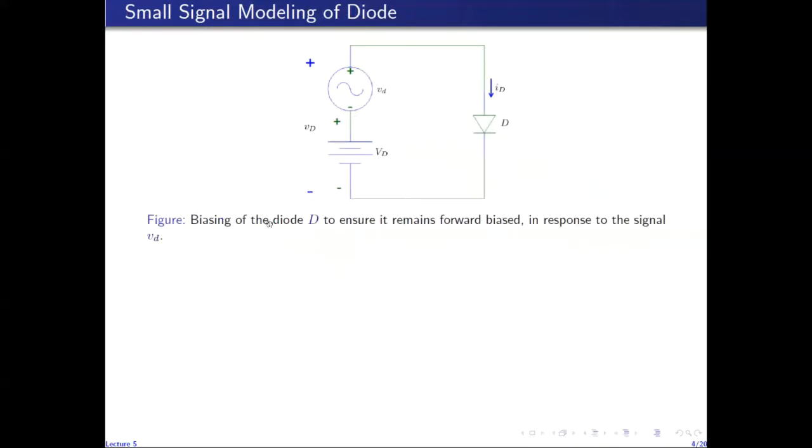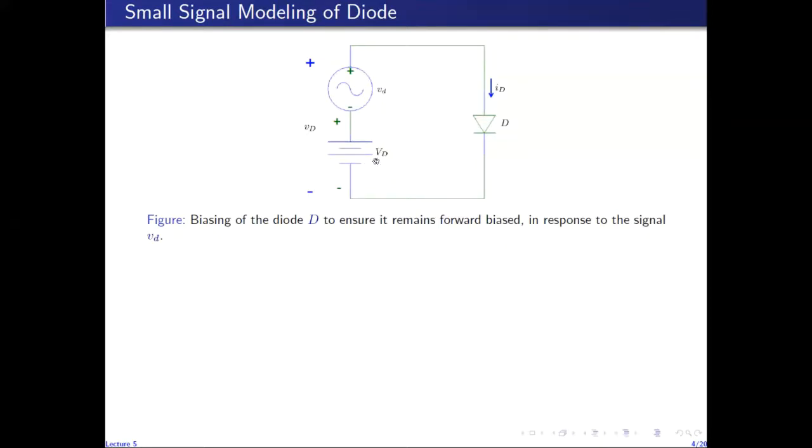So here I show a diode which is excited with a sinusoidal source. So we assume that this small vd is a sinusoidal source. So the diode is excited with a sinusoidal source and a constant DC voltage source, Vd.